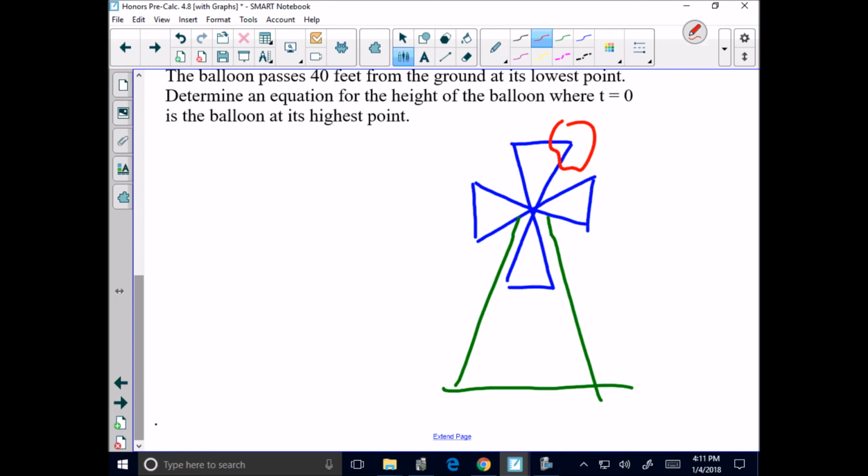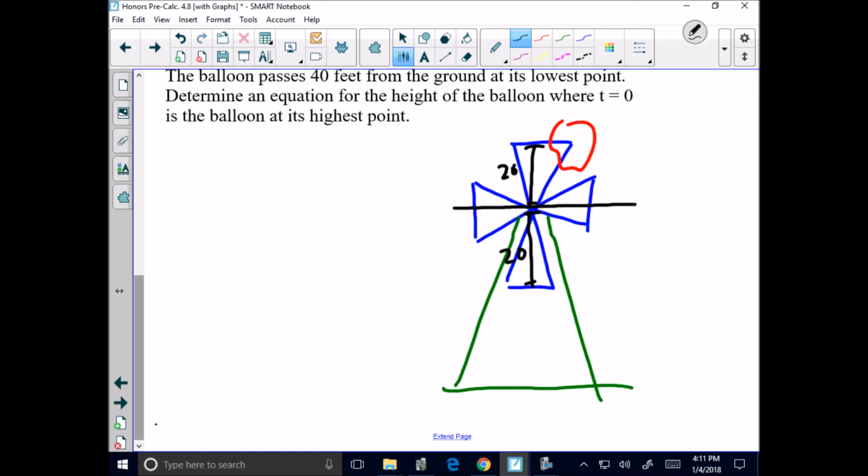And right here, we can mark off some length. So we know that the length of the blade is going to be 20 feet. As the windmill rotates around and around, we're going 20 feet above and 20 feet below what would be the middle height of the windmill, which would be that height right there.